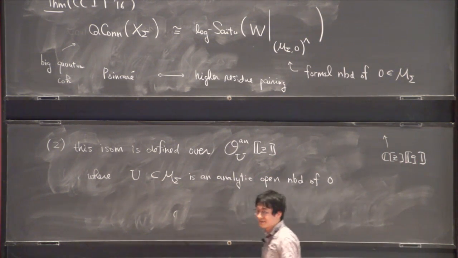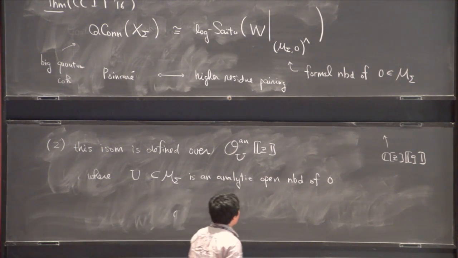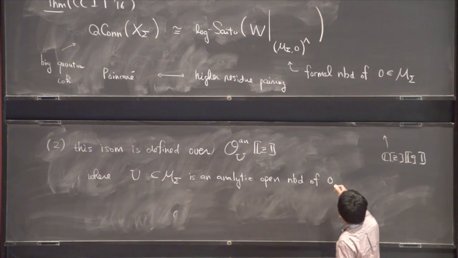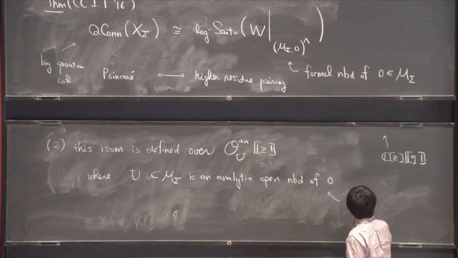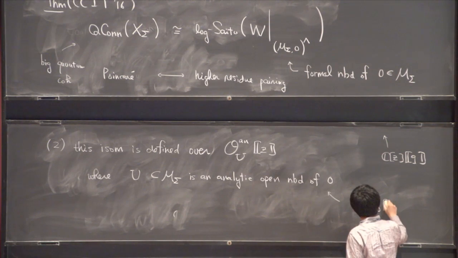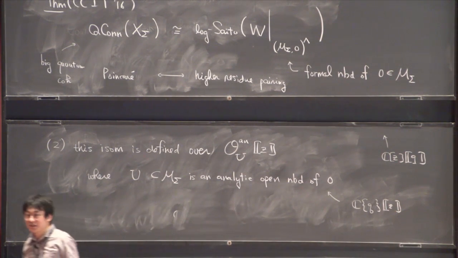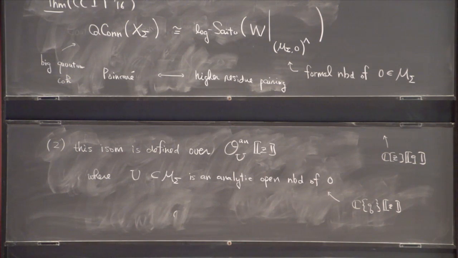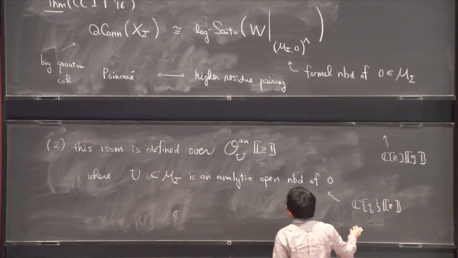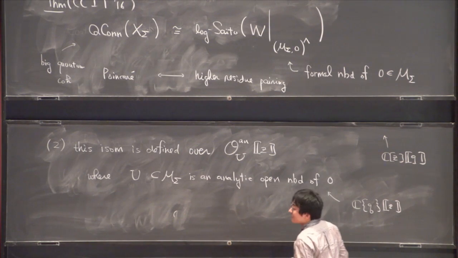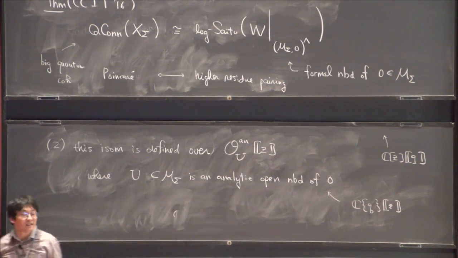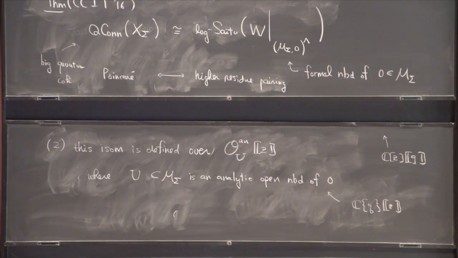Whereas the second part of the theorem says that both sides can be defined over the convergent power series ring, power series in Z, but convergent with coefficients in convergent power series in Q. The second part is technical, but it is important to understand the gamma structure for the quantum connections.